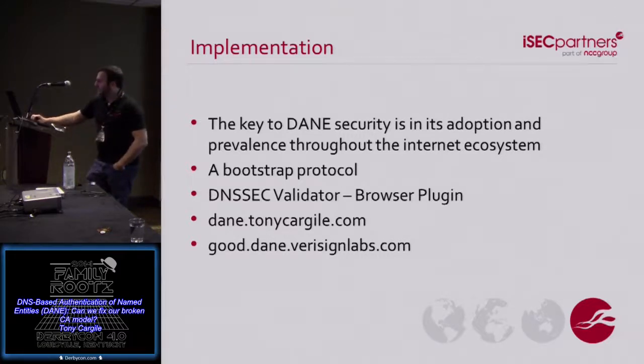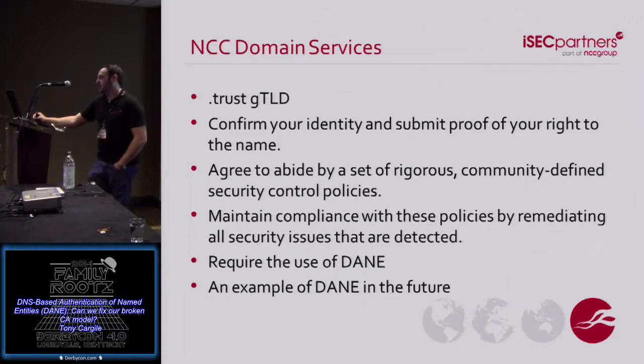What actually got me started on looking at this stuff is that iSEC Partners' parent company NCC is rolling out this new product called Domain Services, which is a generic TLD registering .trust websites. So a company wants to have a website that's a little bit more verified, like say Microsoft. They want to do Microsoft.trust, to show that their website is a little bit more trustworthy than their .com website.